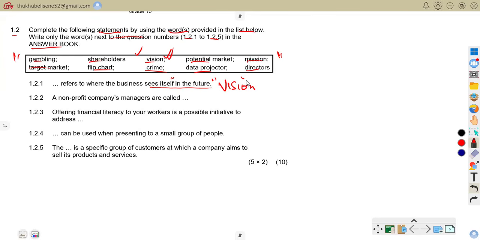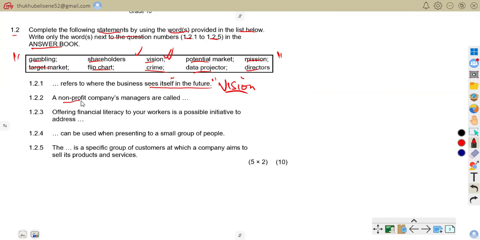We know when we are talking about a vision, we are talking about an inspiring statement outlining an organization's long-term goals and desired future state. Hopefully, we are together. Let us move on to 1.22.